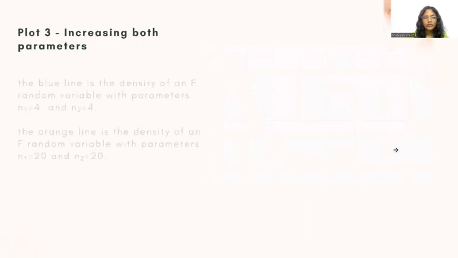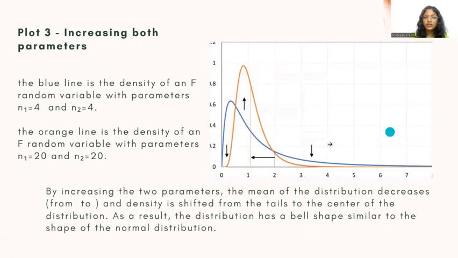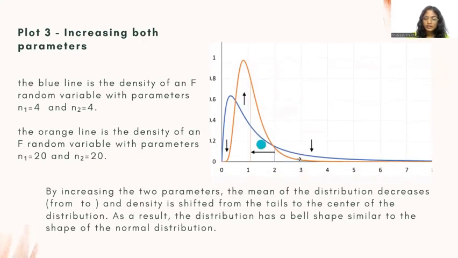Let's see what happens when we increase both the parameters. Here, the blue line is the first case where we're taking n1 equals 4 and n2 equals 4. And the orange line is the density of an F random variable with parameters n1 equals 20 and n2 equals 20. So in plot 1, we increased n1 to 20 and n2 was 4. And in plot 2, we did the opposite.